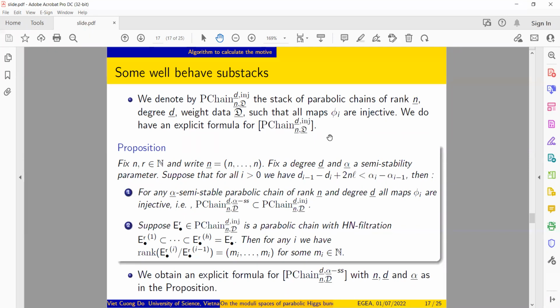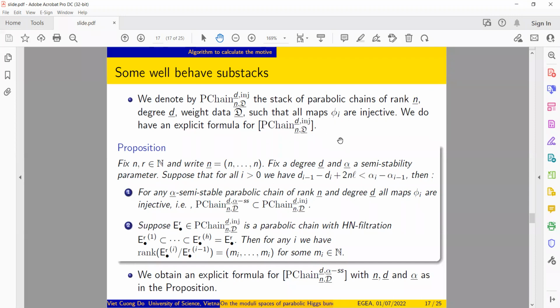In some sense, you can use a Hall modification approach to calculate the explicit formula for the class of this substack. It's a very different approach, not hard but quite long, so I omit it here. I hope I convince you that I have an explicit formula for this substack.